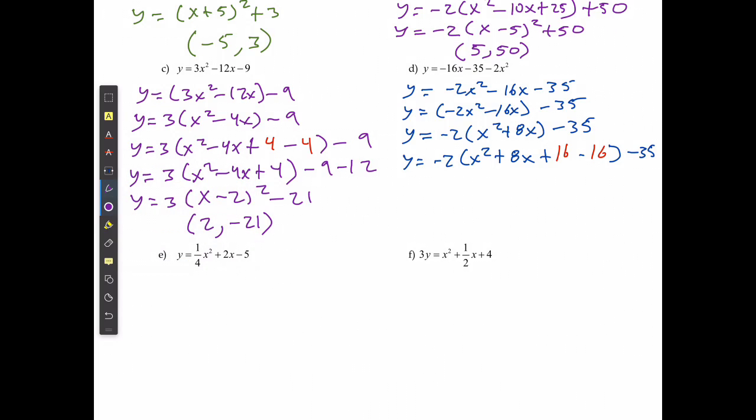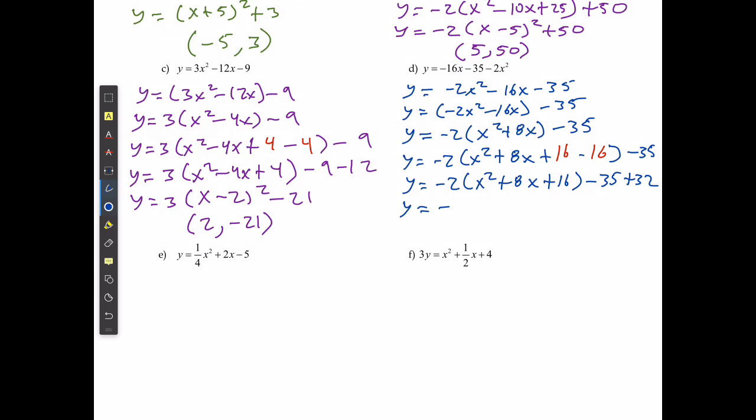I move the negative out. Y is equal to negative 2 bracket x squared plus 8x plus 16, then minus 35, and negative 16 times negative 2 is going to give me plus 32 on the outside.